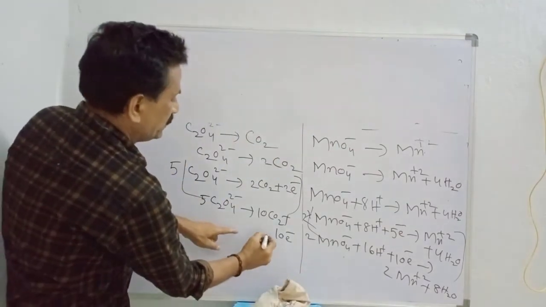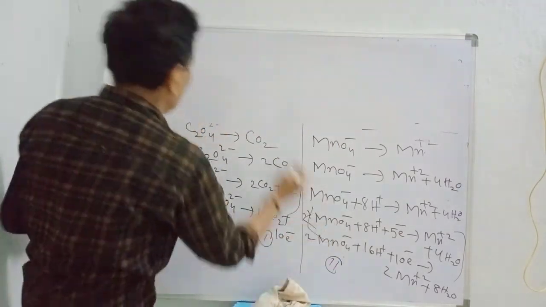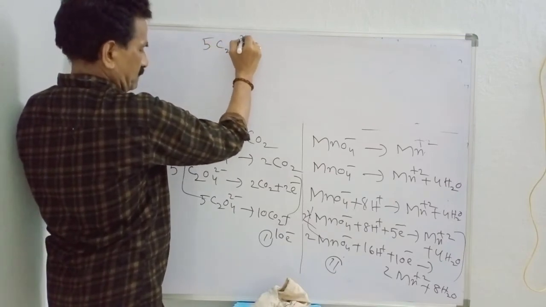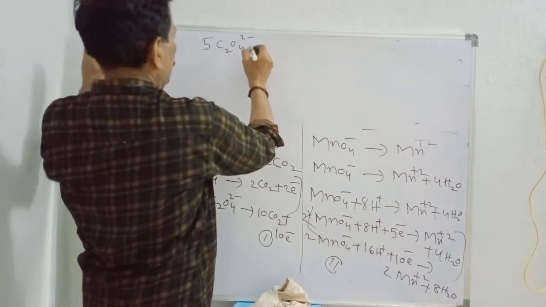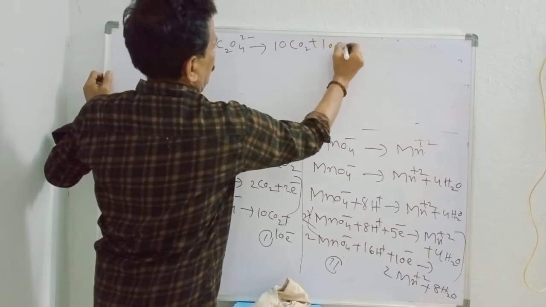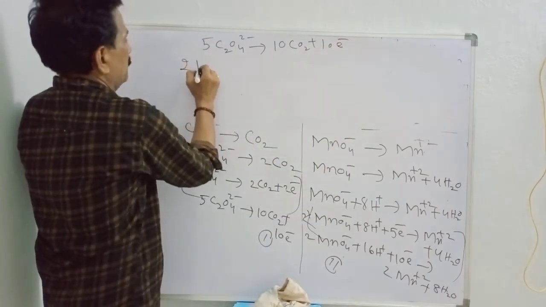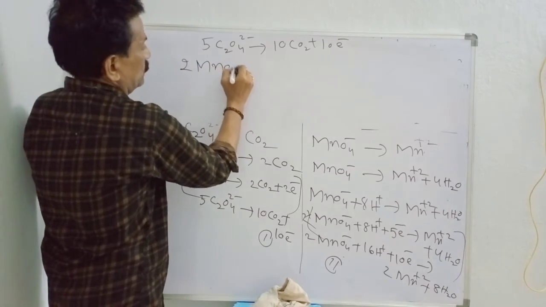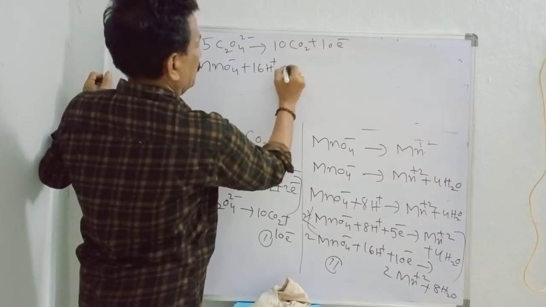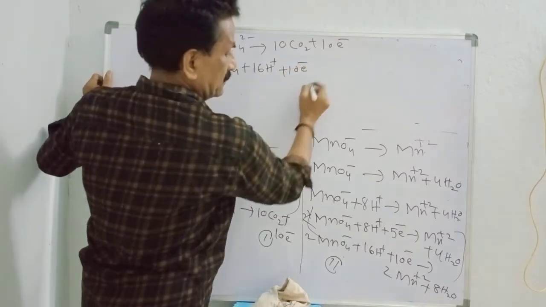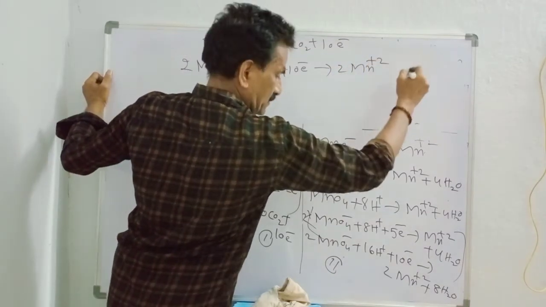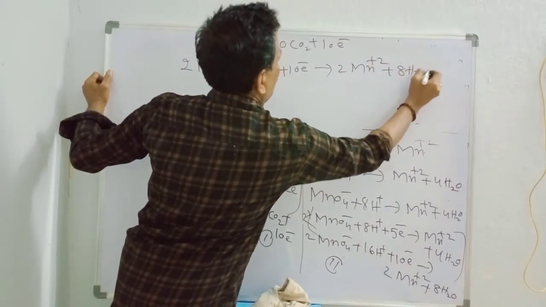You simply add equation 1 and equation 2. This is 1. 2 MnO4 minus plus 16 H plus plus 10 electrons gives 2 Mn 2 plus plus 8 H2O.